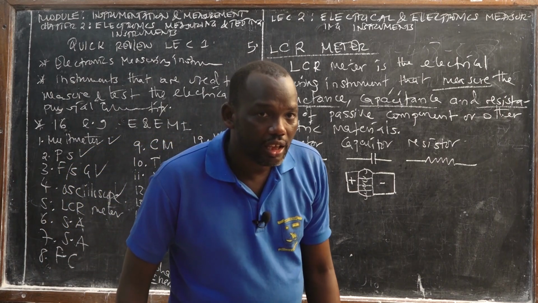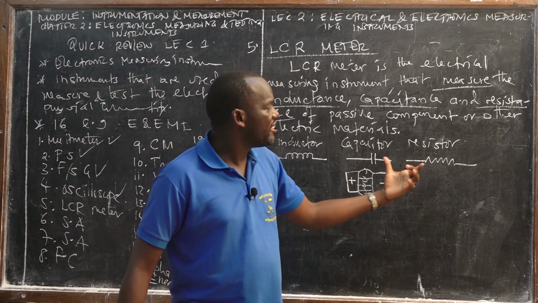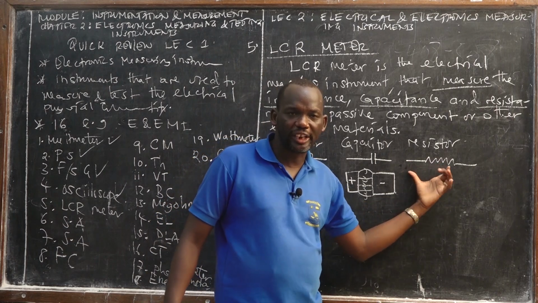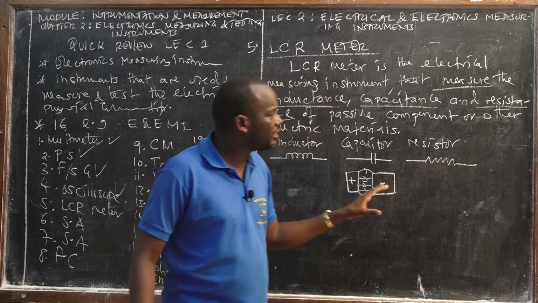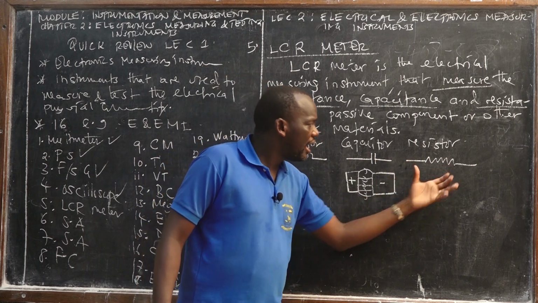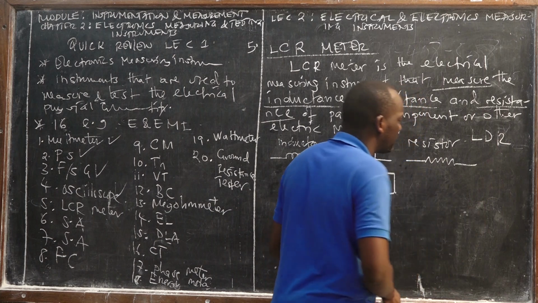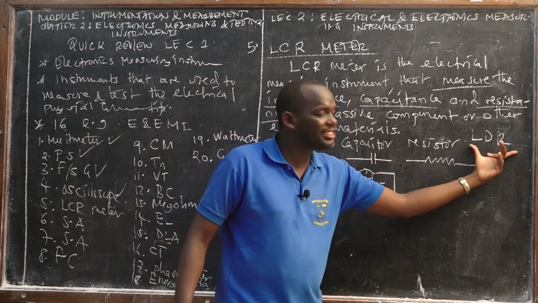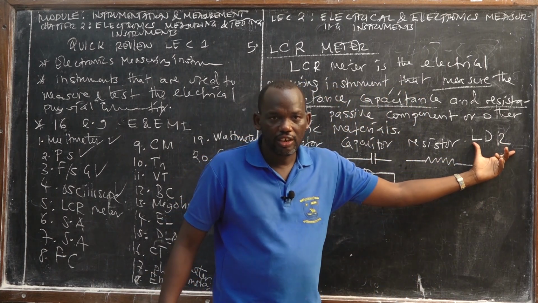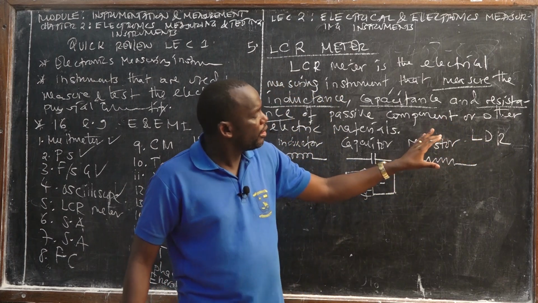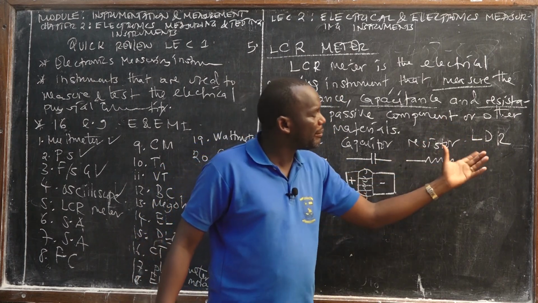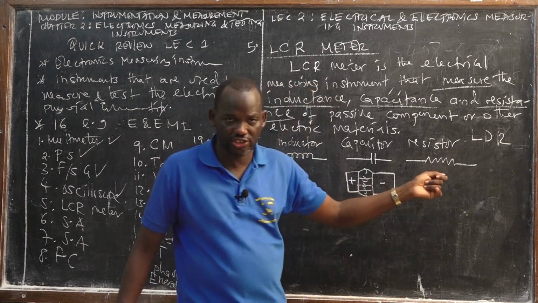Are we together? Some of the sensors use what? Resistive. That's the principle of operation. It means that, for instance, we have one called the light dependent resistor. This one, the light dependent resistor, is the sensor, right? If you supply some amount of light, its resistance decreases.